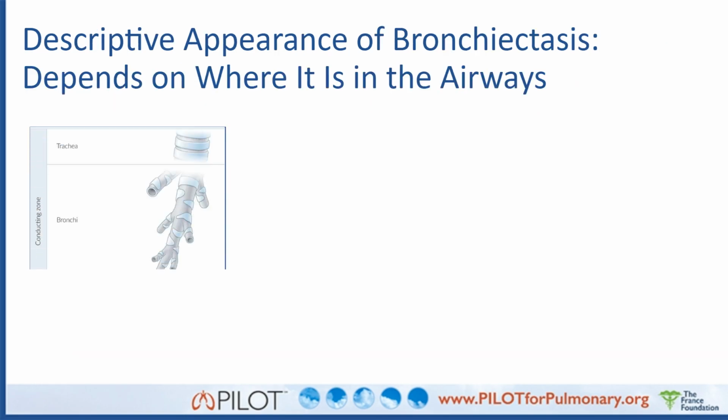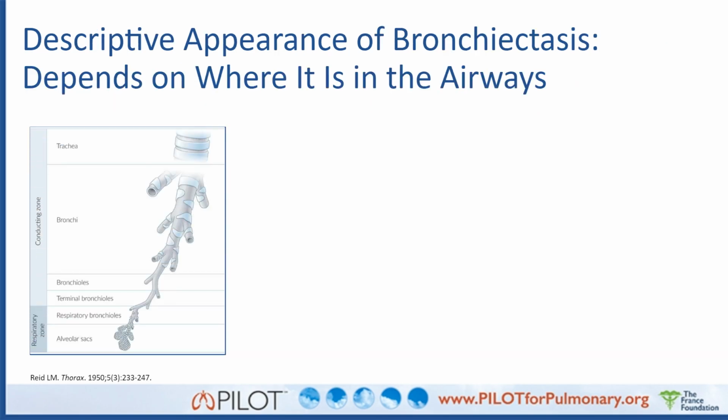Lynne Reid was one of the earliest people to describe bronchiectasis. She did cadaver dissections, and I think the anatomy is helpful to review. The airways branch from the trachea to the periphery of the lung 26 times, and the conducting airways that are not involved in oxygen exchange branch 16 times, and those are the airways that she studied.